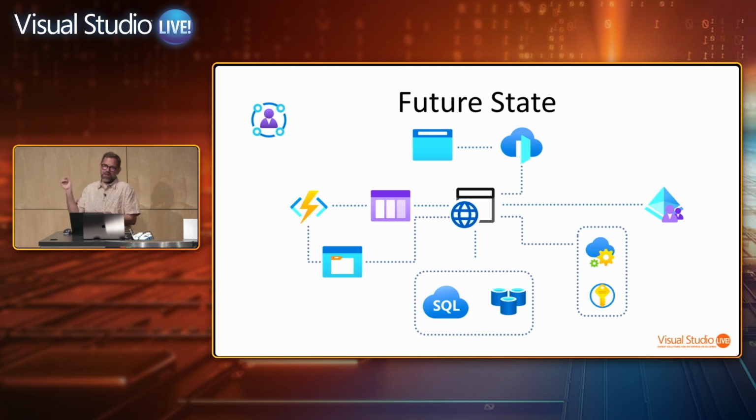Then when you hit for asynchronous communication, you can hit Azure queues, storage queues. You could hit things like Azure Event Grid or Service Bus, which are also queuing based or messaging based, which is a little bit more powerful than what Azure storage queues are. In this case, storage queues work great.